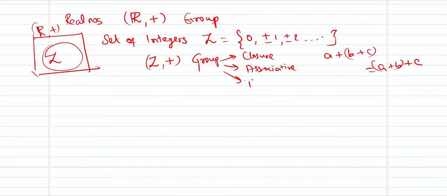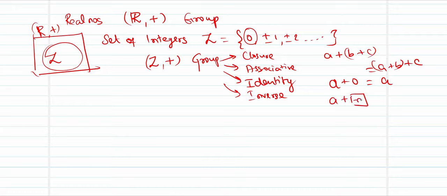I know that the identity element exists; with respect to addition, 0 acts as the identity element, and an inverse exists for each element. So I have a, I have minus a, and that gives us back 0. So all the properties of a group are satisfied by the subset also. So this subset will now be referred to as a subgroup.